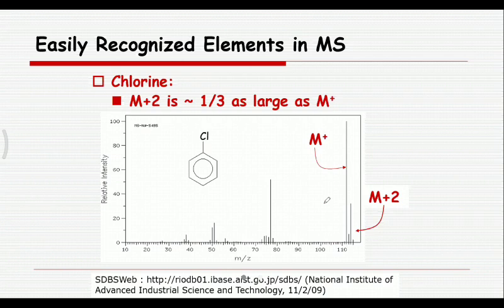So this particular pattern of M plus and M+2 with the relative intensity ratio of 3:1 is observed due to the presence of chlorine and its isotopes, chlorine 35 and chlorine 37. Okay, I think now you understand it.